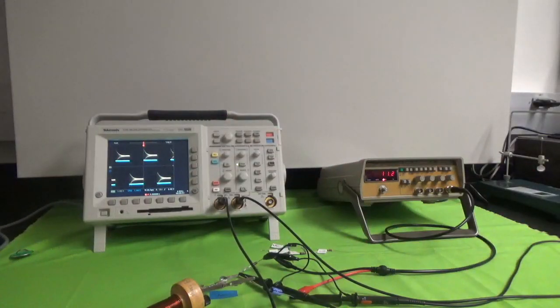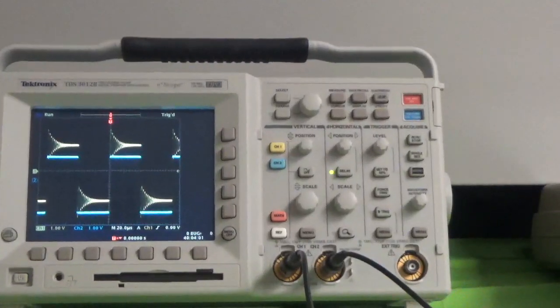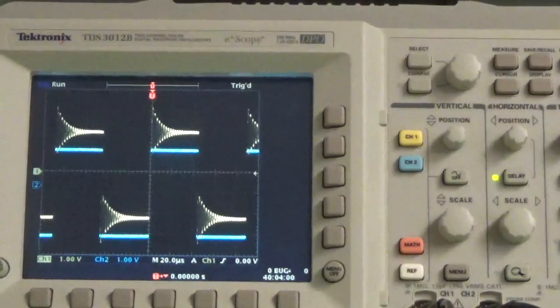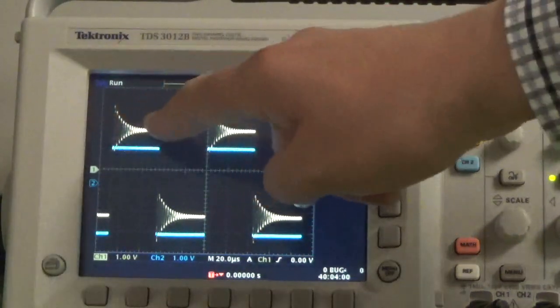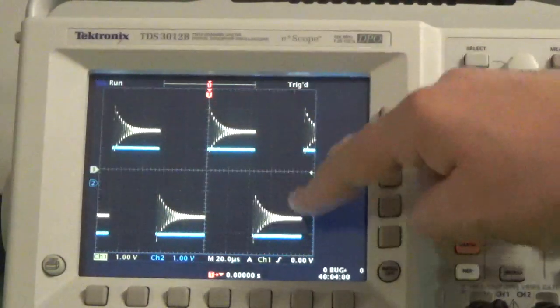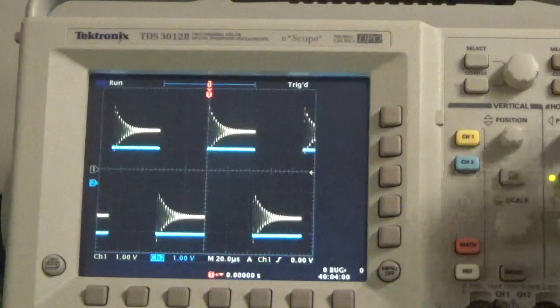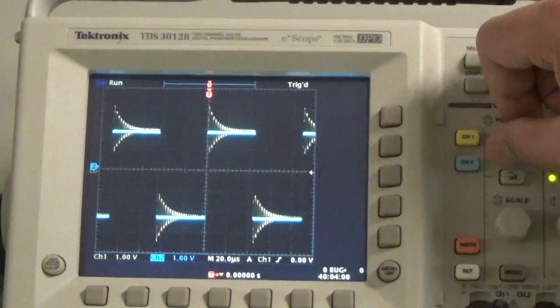I will try to zoom in. Yeah, so the yellow one right here represents the output signal across the resistance. So now I will try to have both of the signals on top of each other like this.